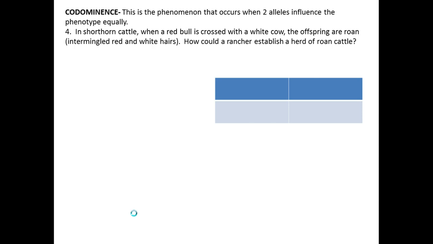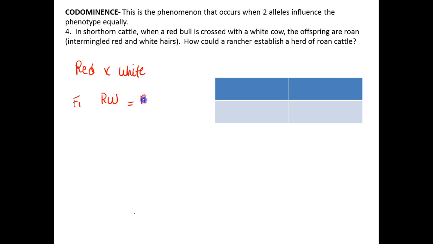Codominance is where if you have the allele, you show the allele. So in this example, cattle have different fur colors. A red bull is crossed with a white bull. So we'll use big R and big W again. A red bull with a white cow has 8 offspring, and all the F1 generations are hybrid.